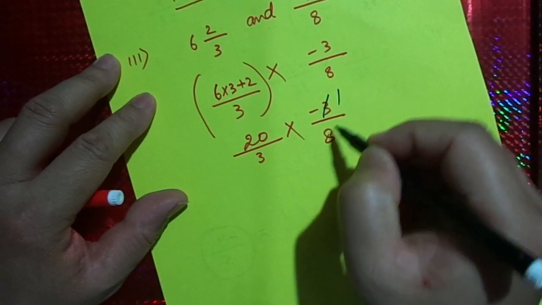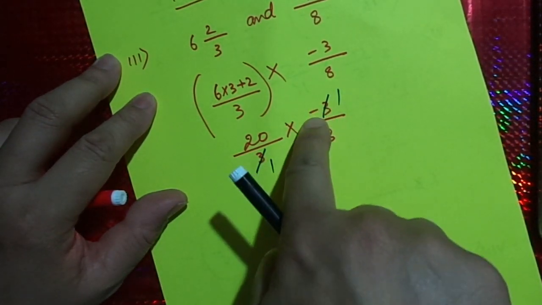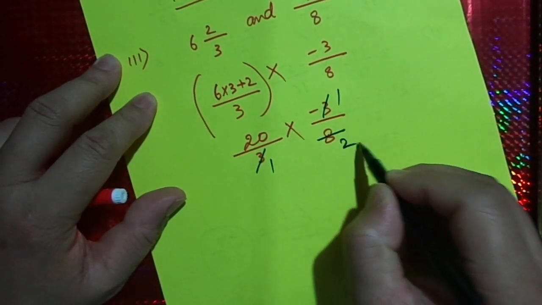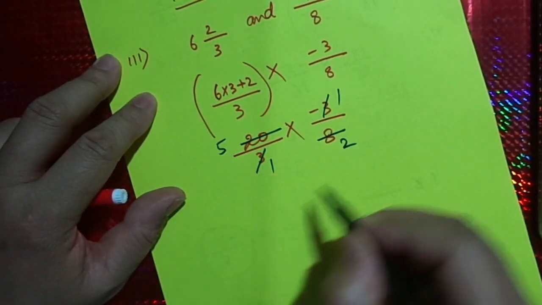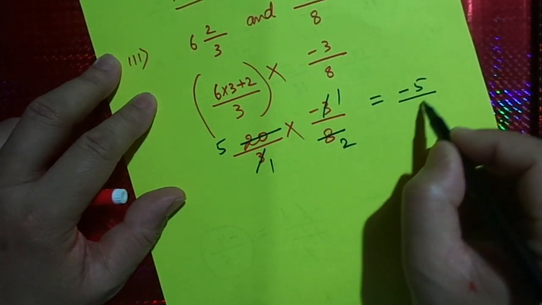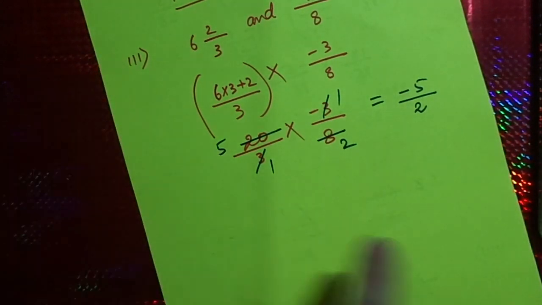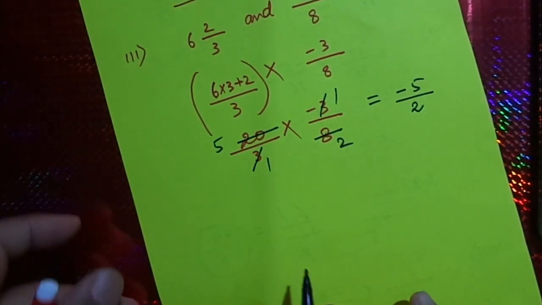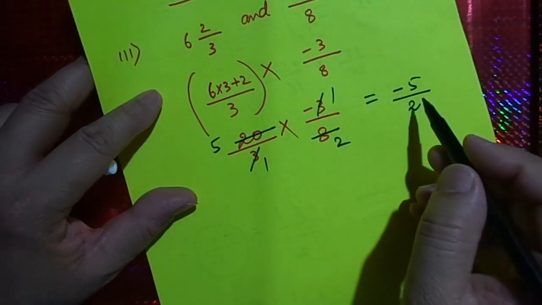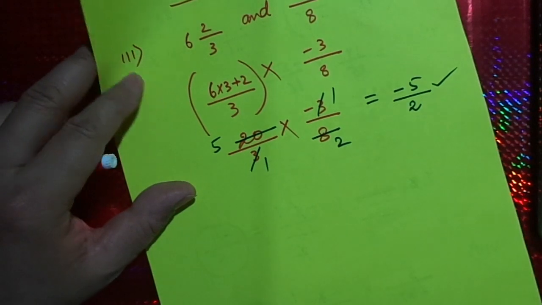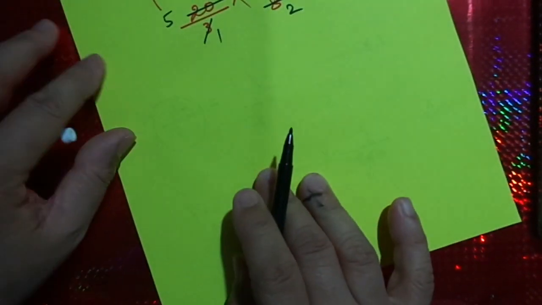So 3 one times and 3 one times, minus remains over here, while these two will get cancelled with 4 2 times 8, 4 5 times 20, which is equal to minus 5 by 2. So this minus 5 by 2, either you leave it in this form, saying that it is in the form of a rational number, or you can also convert it into a mixed form. It's better you leave it in this form only, because we are dealing with a rational number, isn't it?